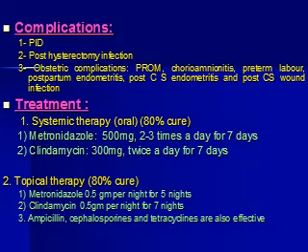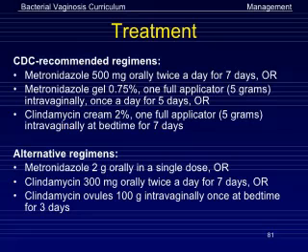Treatment of bacterial vaginosis may be systemic or topical. The drugs and the needed doses are listed in front of you. The Centers for Disease Control recommend metronidazole orally twice daily for 7 days or locally in the form of gel.